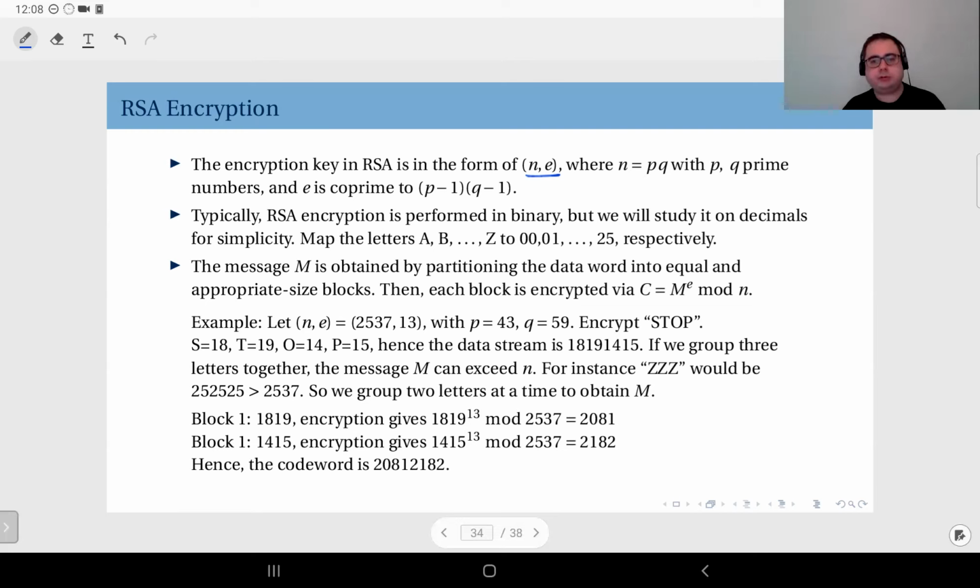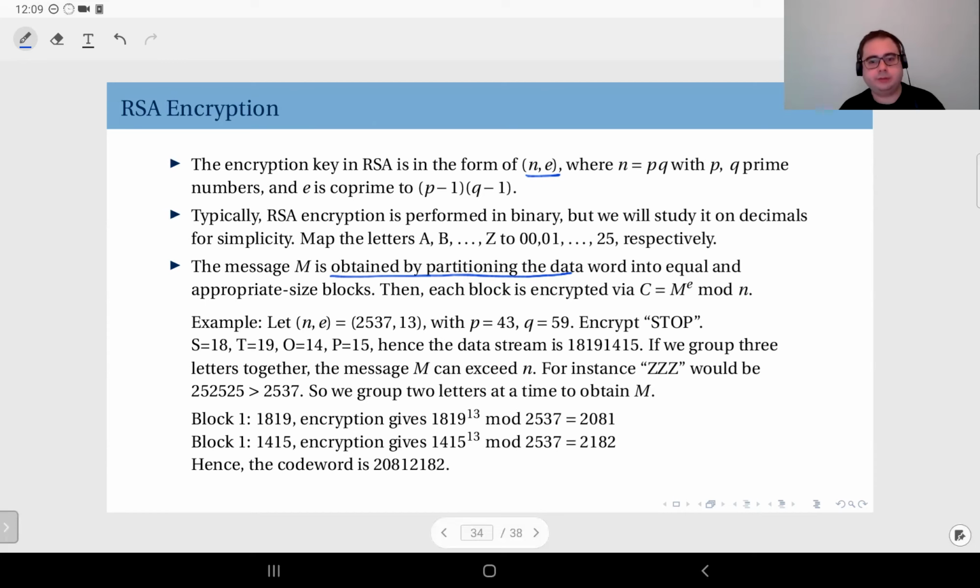So A will be 00, B will be 01, C will be 02, etc. And the message M, the original data, is obtained by partitioning the data word into equal and appropriate size blocks. This is going to be clear in a moment.